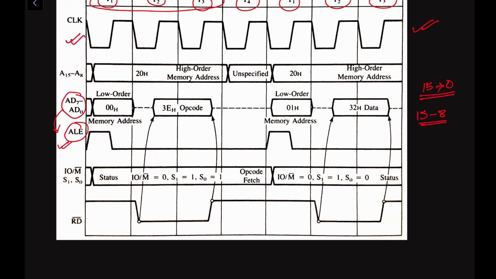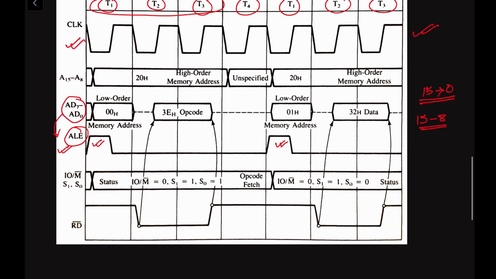When the ALE signal has a high value, see here we have a high value and here also we have a high value. Whenever we have a high value in the ALE signal sent by the microprocessor unit, then the address data multiplexed bus will be working as an address bus.